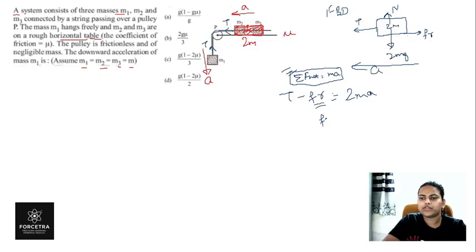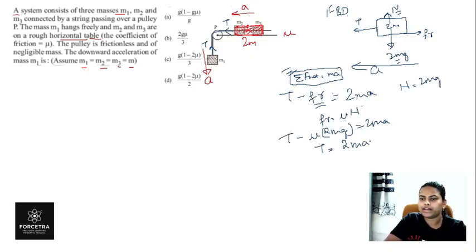The frictional force would be equal to the coefficient of kinetic friction mu into normal, and normal is equal to 2mg. Let's substitute it in this: T minus mu 2mg is equal to 2ma. So the value of tension is equal to 2m into a plus mu g. This is our equation 1.